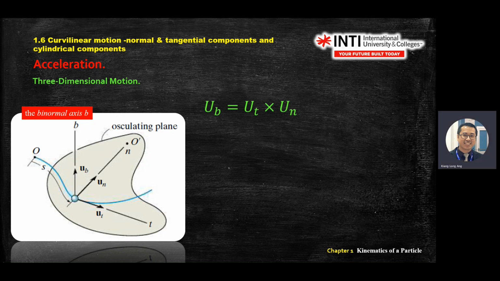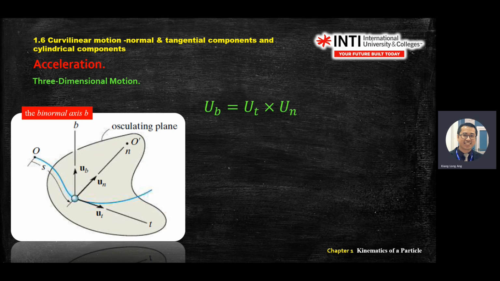As we go deeper, now we are looking at a particle. For a particle, we don't have all this mass issue, but in a later chapter, when we go into rigid body, then we will look into this formula. How to write this formula? UV equals UT cross UN.